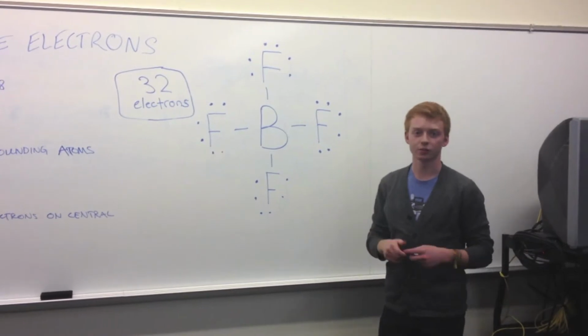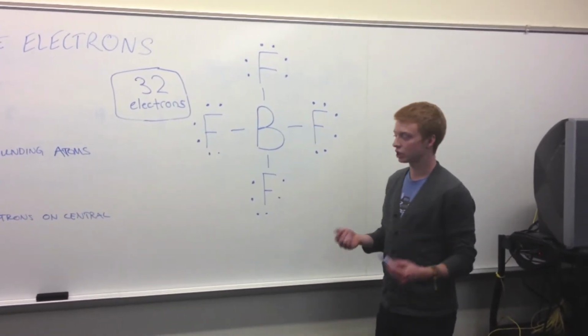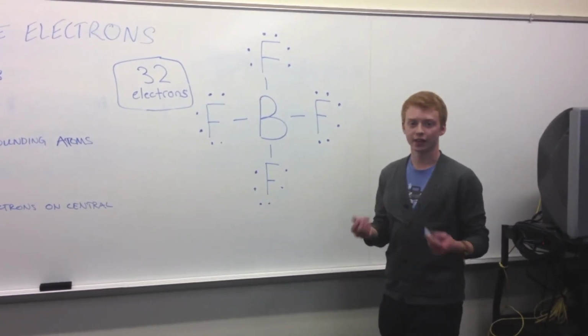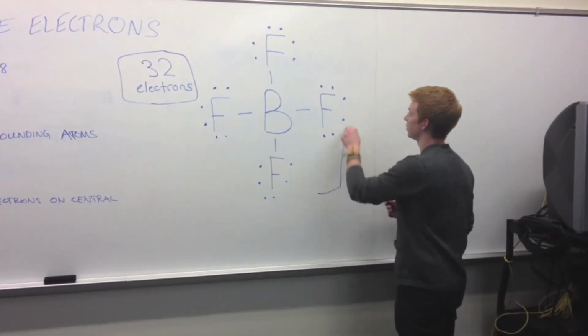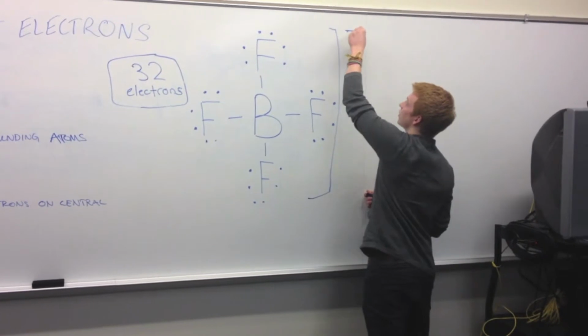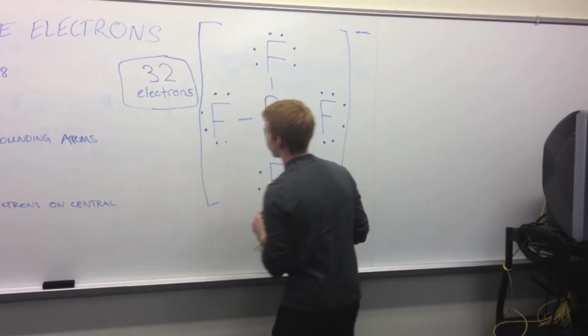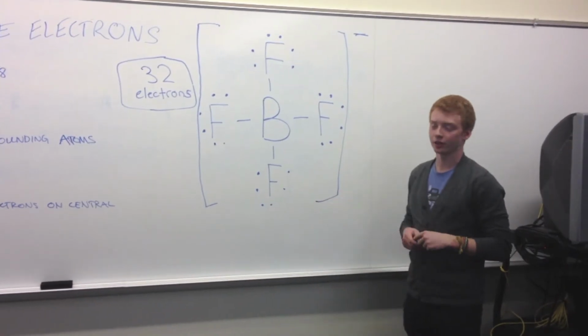You'll remember that this molecule did have a negative charge, and if you do have a negative or positive charge, you do need to add that in at the end, so we'll do that right now. And there's your Lewis structure.